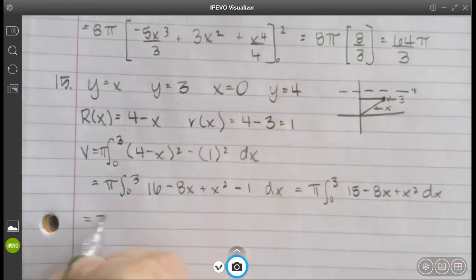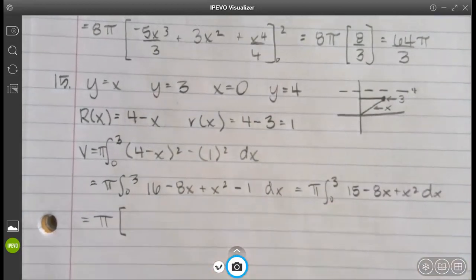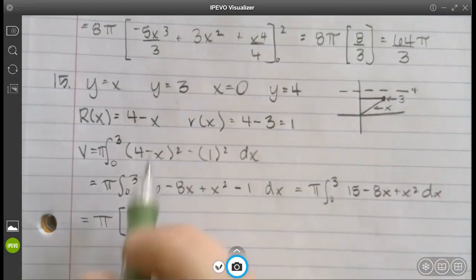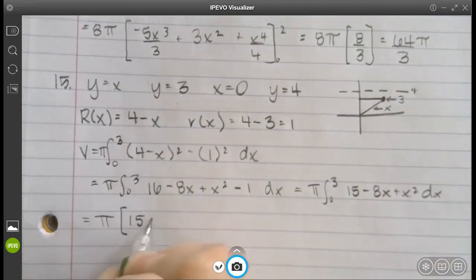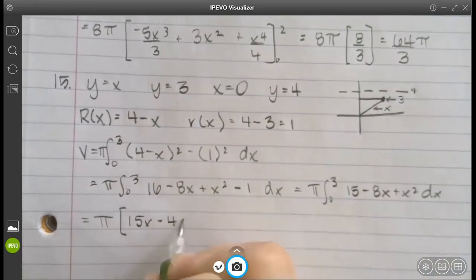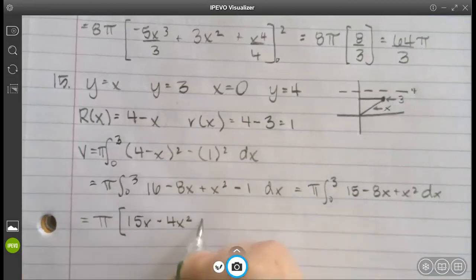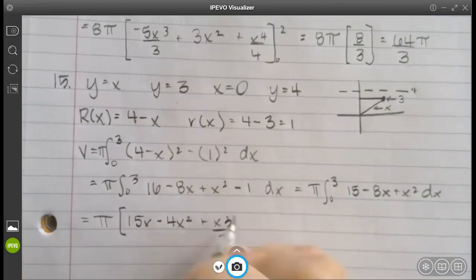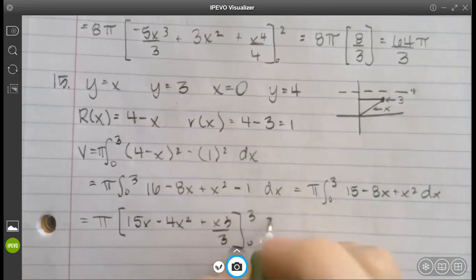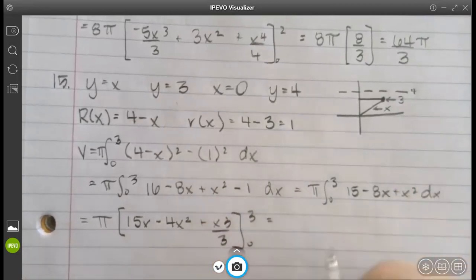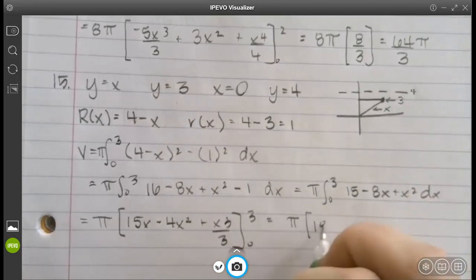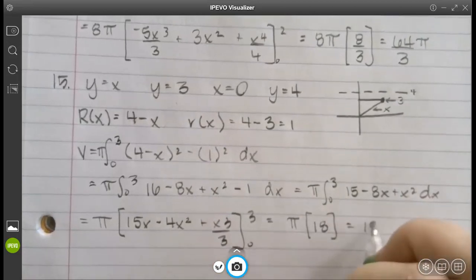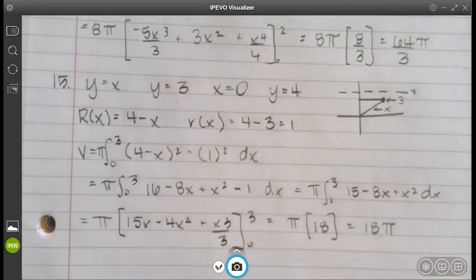When I integrate that, I get 15x. 8x squared over 2 reduces to 4x squared, and then x cubed over 3 from 0 to 3. Don't have to plug in the 0, just plug in the 3, and I get 18. So our final answer is 18.